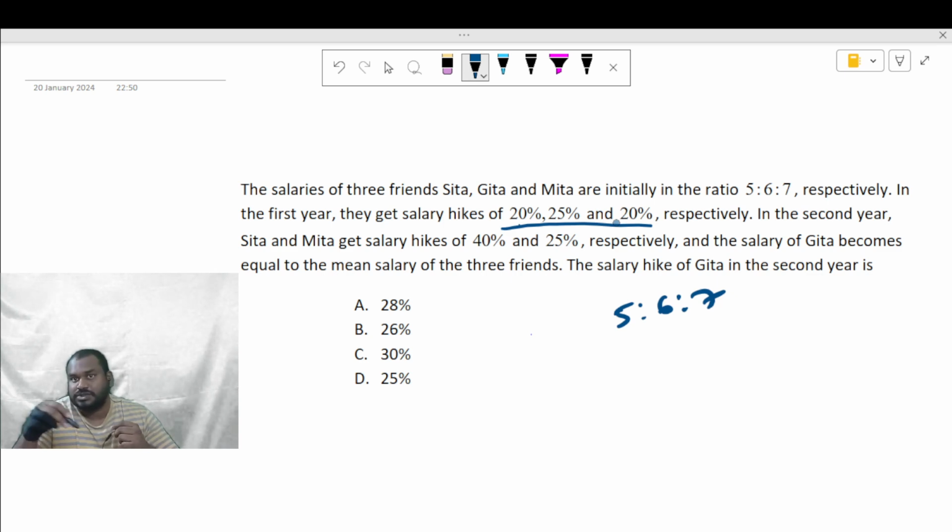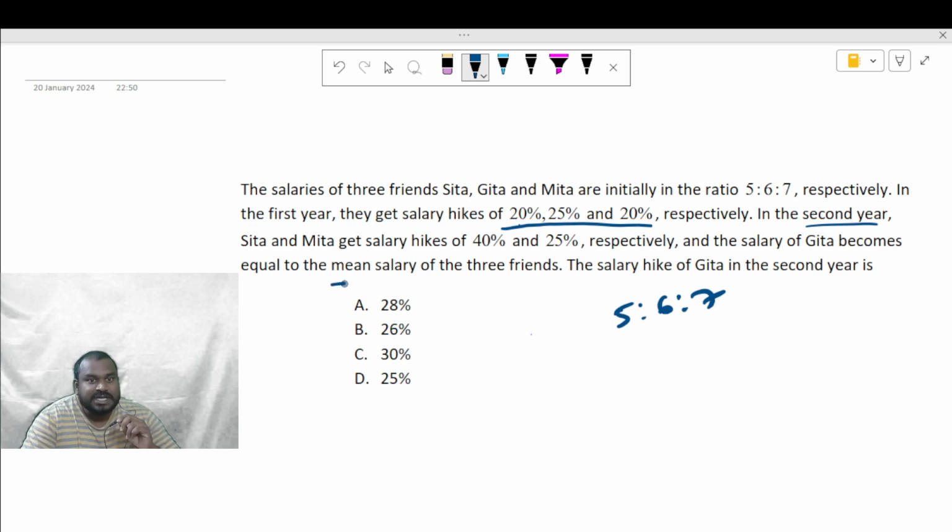Respectively means we should apply them one after the other. In the second year, Sita and Meeta get salary hikes of 40% and 25% respectively. Geeta did not get one, and for that there is a condition given: the salary of Geeta becomes equal to the mean salary of the three friends.